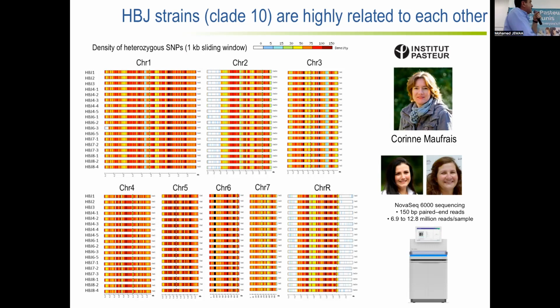And you have a map, density of heterozygous SNPs with a 1 kb sliding window, that shows indeed that all of the strains carried by these patients are highly related to each other, genetically highly related to each other. So still confirming again that this patient carries isogenic isolates. So the same strain basically that is propagating in that patient.